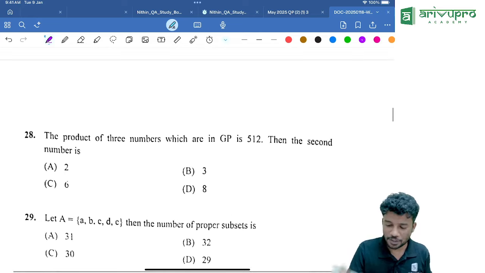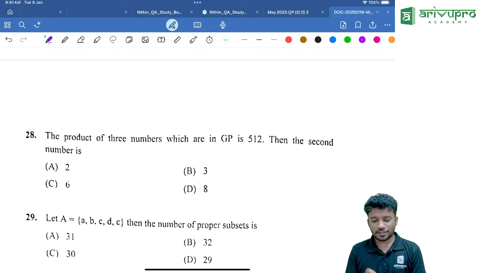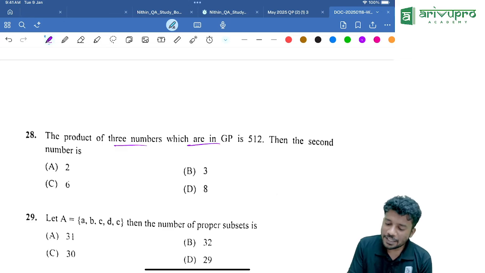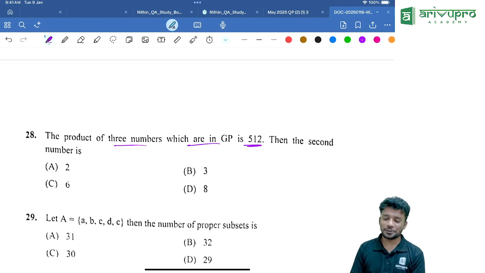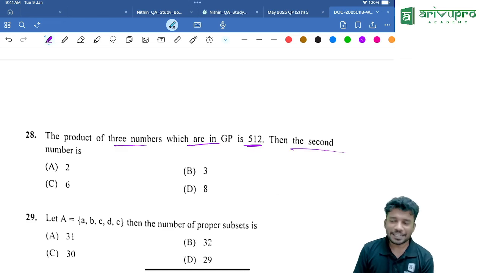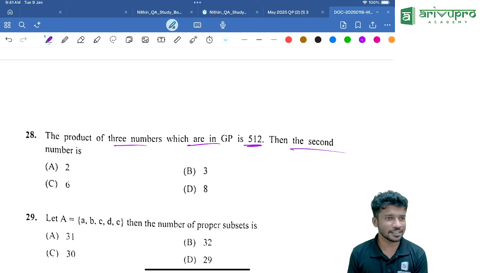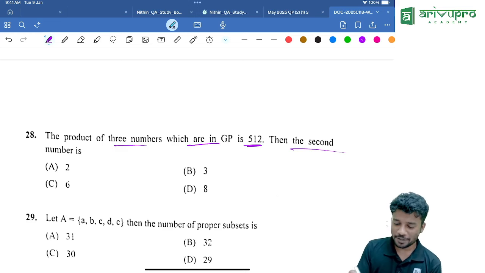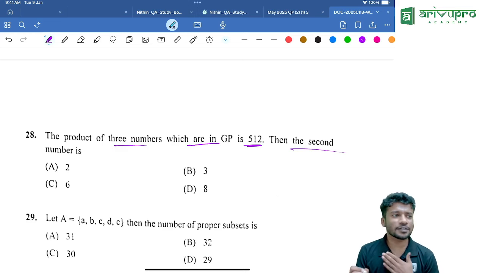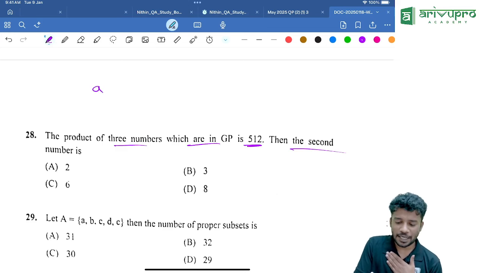Look here. The product of 3 numbers which are in GP is 512. The second number is what? Easiest. When 3 numbers are there, our assumption is A by R, A, AR.